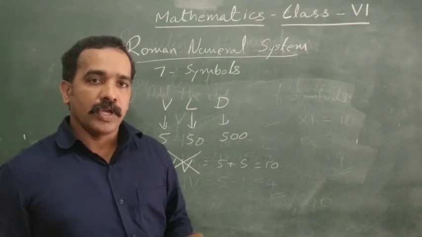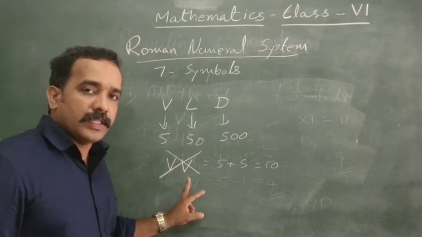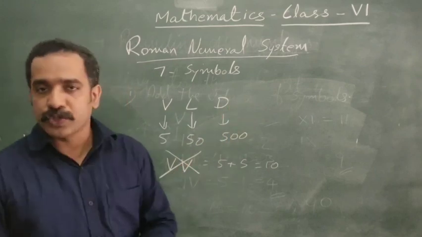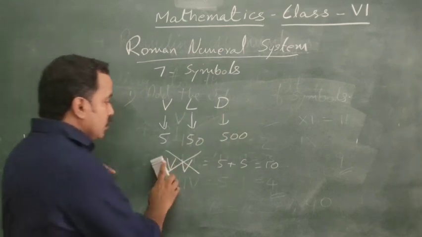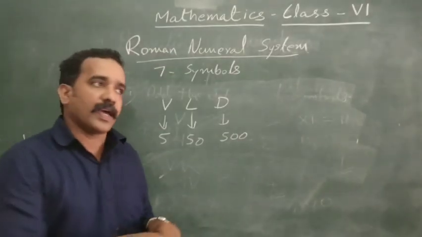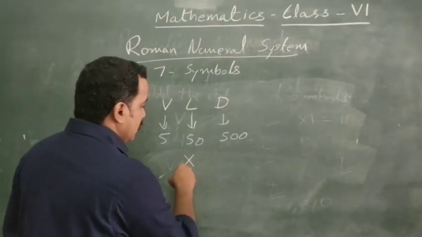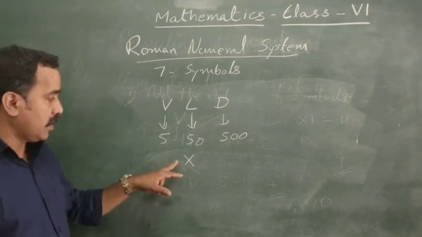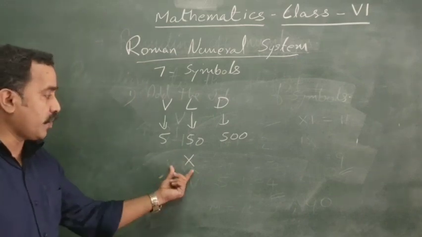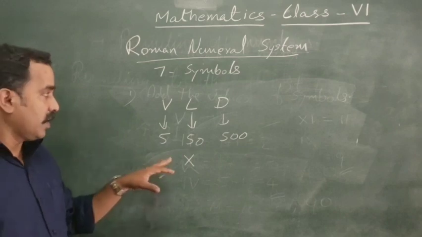This is wrong because the symbols V, L and D are not used for repetition. So to form 10 there is another symbol, that is X. X is the symbol used for representing 10.